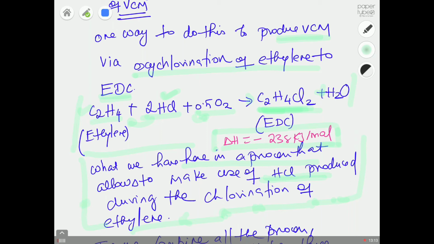These are the things you have to think about when you are going to design a project, like manufacturing of something. Whenever you see some byproduct that comes out of a particular chemical reaction, check in the literature: is there any way to use that byproduct or recycle it in order to increase your productivity? So keep these things in mind.